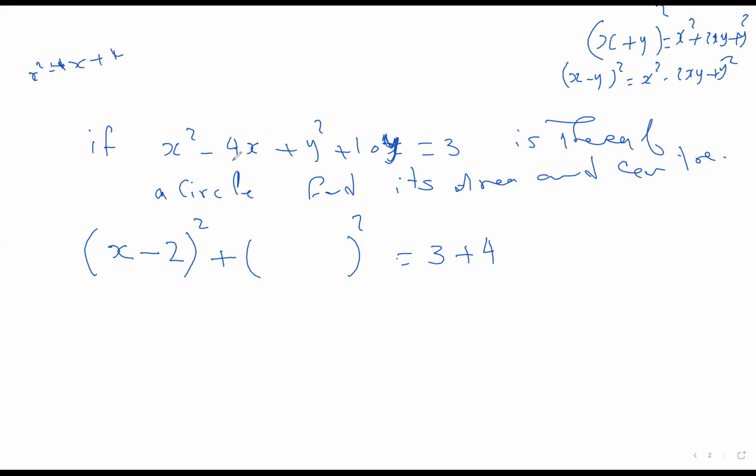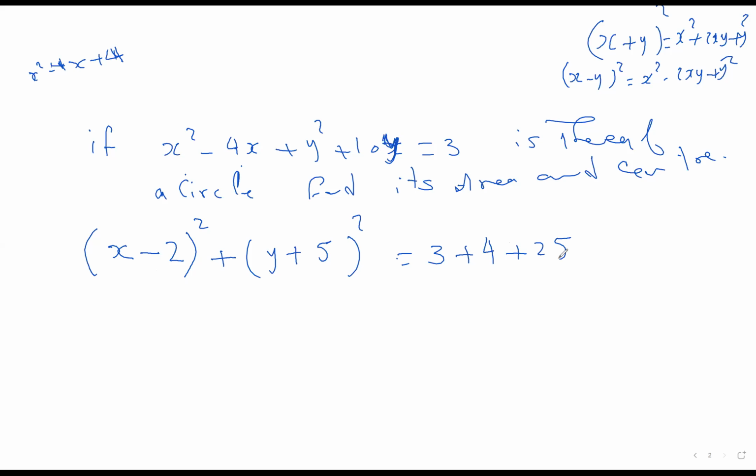You have 4x and x squared and you haven't 4. So you put 4 here, then you have to put 4 in the other side. And the other one will be y with the same sign, with half this number. And here you have to write the square of the number.